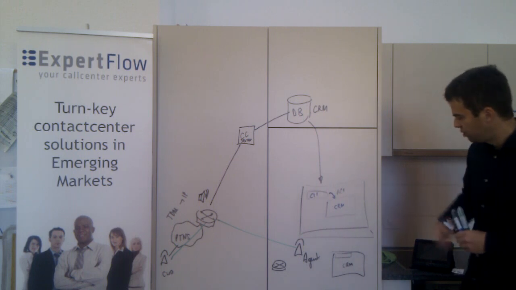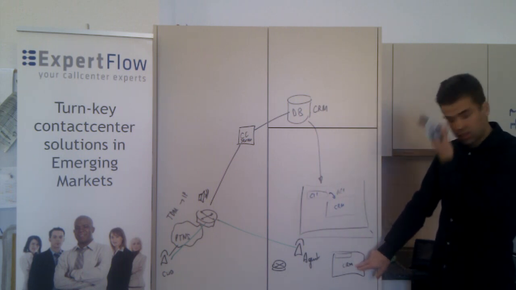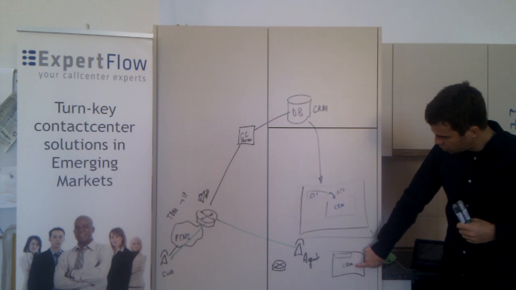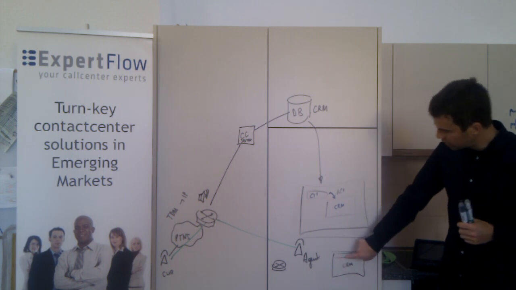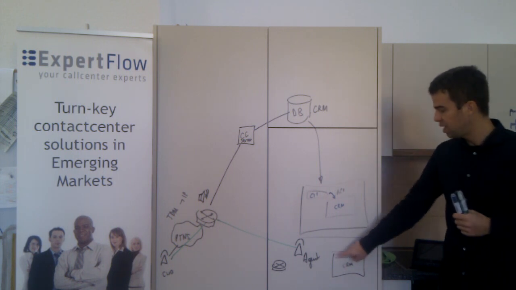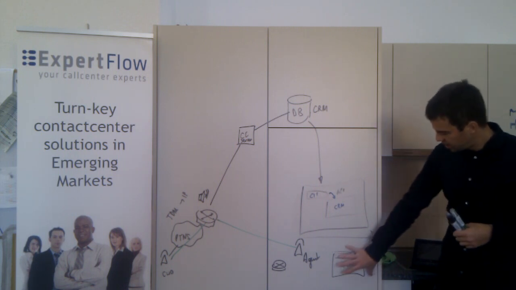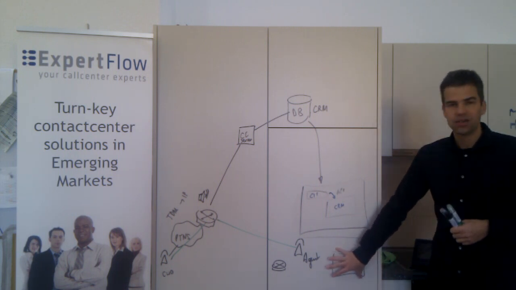So for example, if you have Microsoft CRM or Sugar CRM or Remedy or whatever, you would have those buttons, log in, log out, transfer call, accept call, and so on, embedded within the CRM application. In this case, we call it the CRM connector.